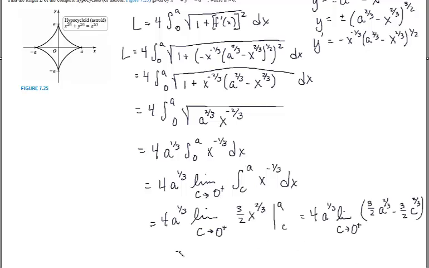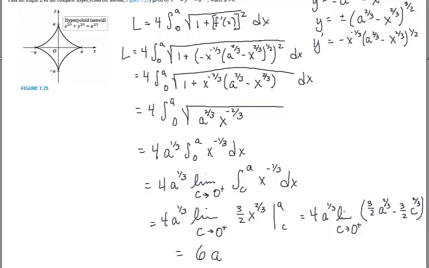Alright, so what happens now is if I take this limit, this thing just goes to 0. So all I have left is the constants, and that's going to work out rather nicely, so I'll write that down. Okay, well, I get 6a, because there's a little cancellation in there, and a to the 2/3 times a to the 1/3 is just a to the first, and I'm good to go there.